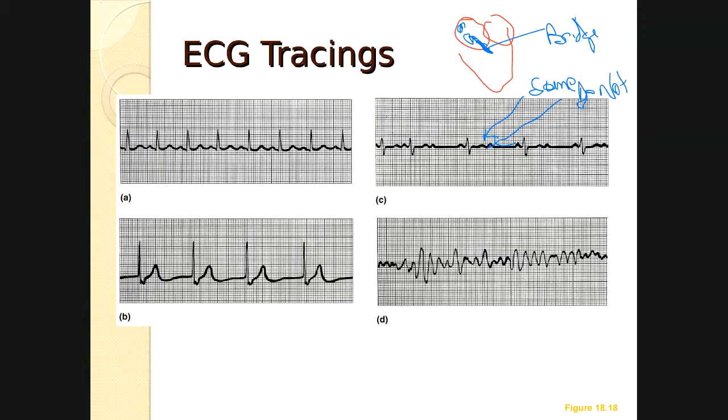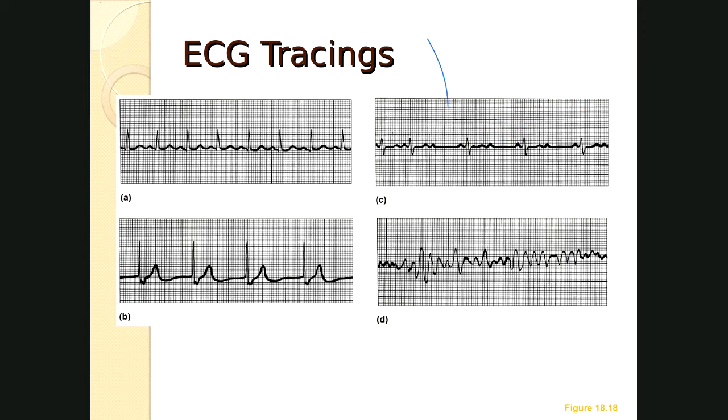This also has a name. This is called heart block. And there's 3 degrees of heart block. First, second, and third degree. This one is probably second degree because about half are getting through and half are not.